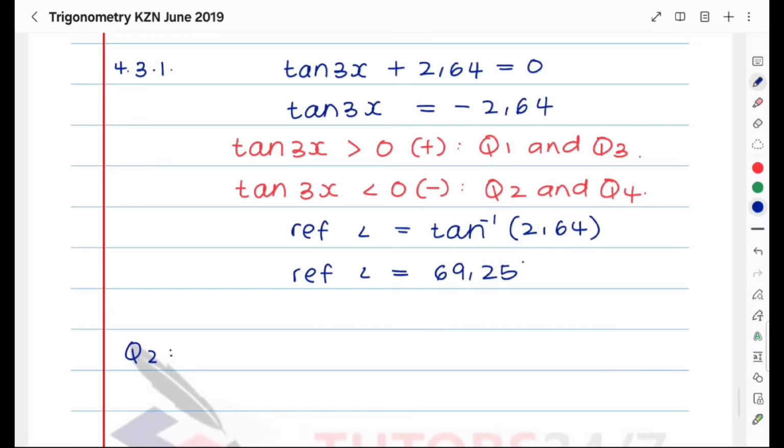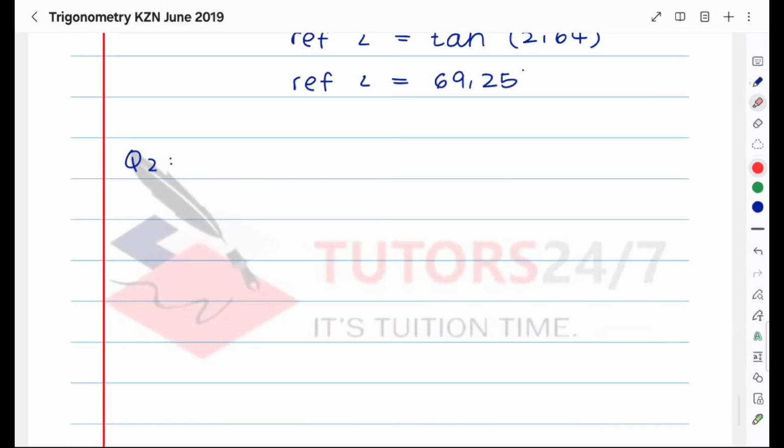Please take note that we are going to say 3x is equal to, because that is the angle of tan. When you find your solution in the specific quadrants, you take the angle as it is, whether it was 2x or x plus 10 or x minus 10 or 3x. You take the angle as it is. The angle that comes after the ratio, that is what you use in your solution.